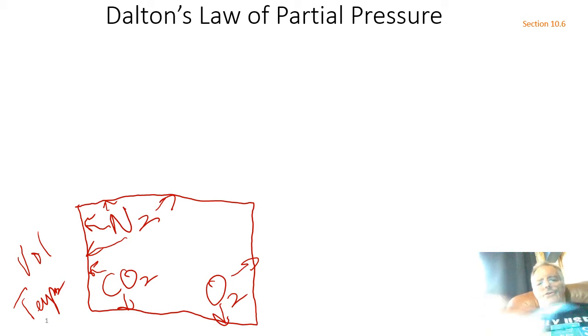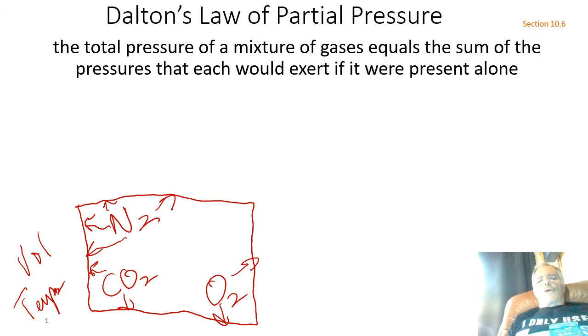I could exclude all the other gases and just think of one gas, let's say oxygen, exerting its own individual pressure as a contribution to the total pressure. That's essentially what Dalton's law of partial pressure is saying: the total pressure of a mixture of gases equals the sum of the pressures that each would exert as if it were in the container by itself.